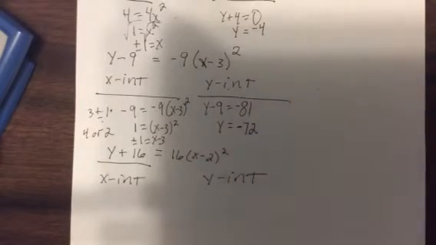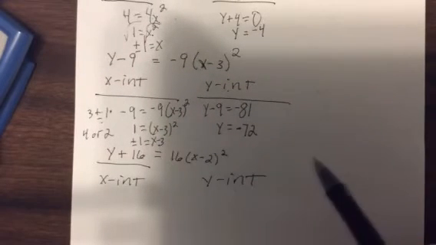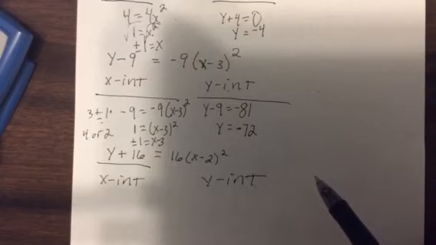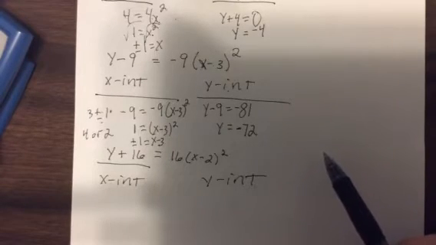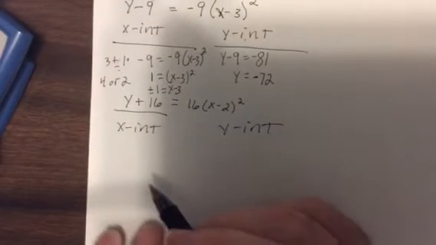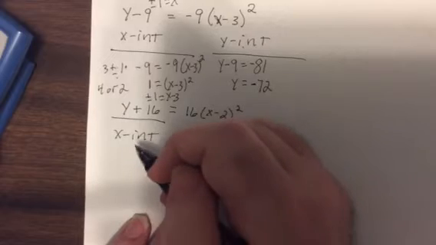Now remember, you could have an x-intercept with no answers. We'll see that on Tuesday. And you could have a y-intercept. Well, actually, I'll show you that one in a minute since we got some extra time here. I didn't think we'd have this much time.